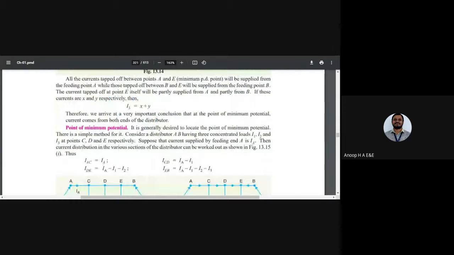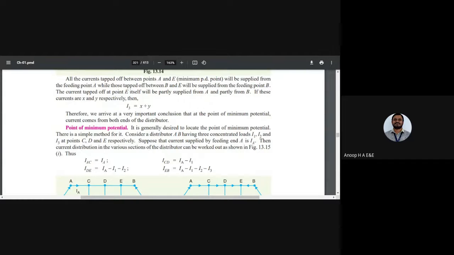As I told you, it is concentrated loading and you have a minimum potential point E which will be supplied by feeding point A, while those loads tapped off between B and E will be supplied by feeding point B. The point of minimum potential: if five tappings are to be taken, the middle one would generally be taken as point E. That is where you will have the point of minimum potential.